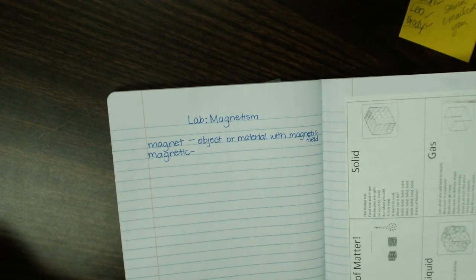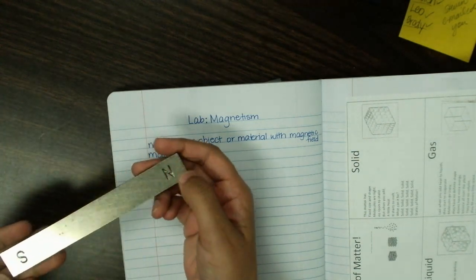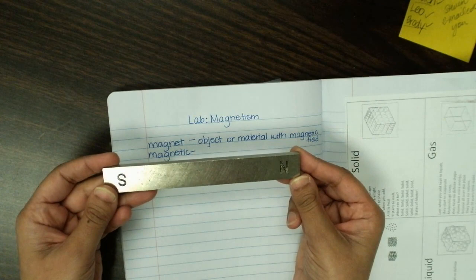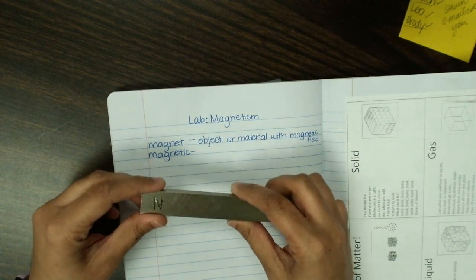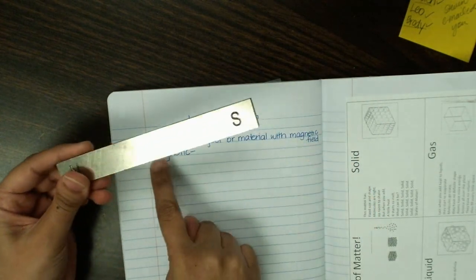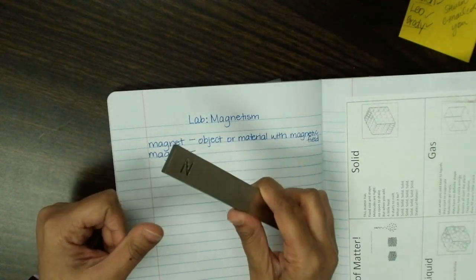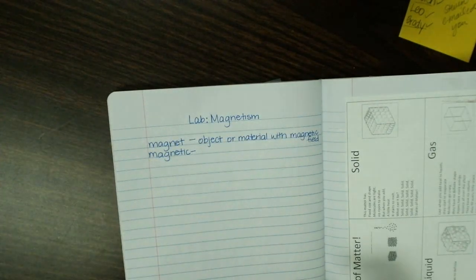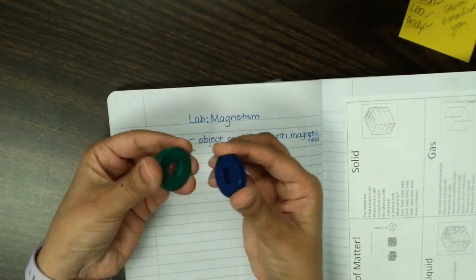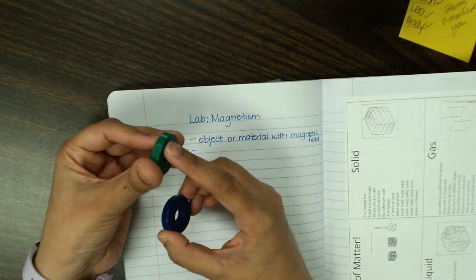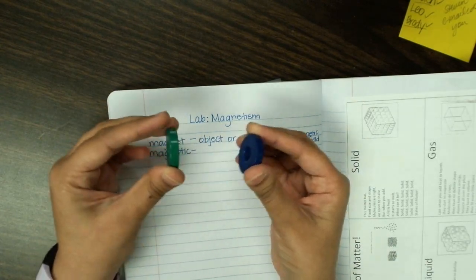So this is considered a magnet. It has a magnetic field, a north and south pole. So if you bring something to it that is magnetic, it will stick to it. This is the thing that pulls magnetic objects. Here's another type of magnet, the donut magnets. They stick together. The north and the south pole will stick.